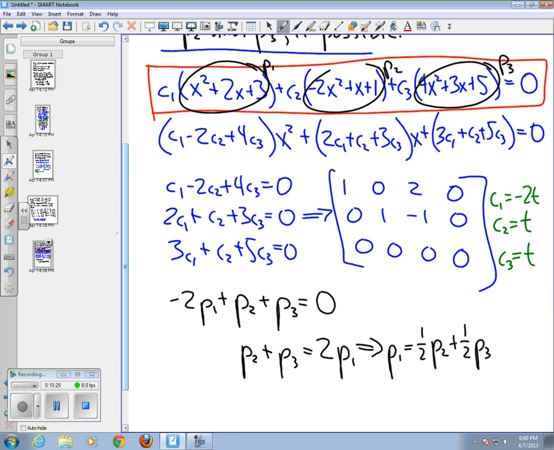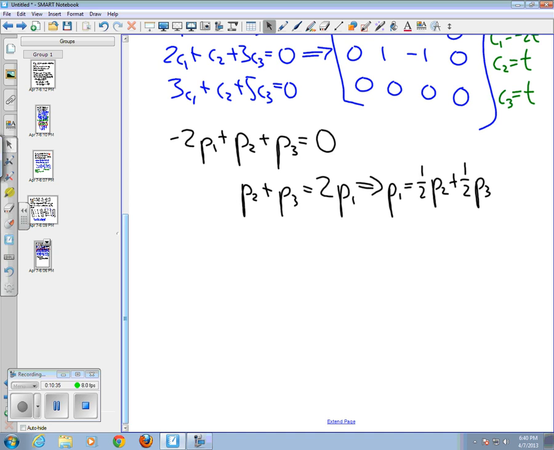And let's check that to see if in fact it's correct. All right, so let's just take 1/2 P2. P2, let me remind you, was -2x squared plus x plus 1.